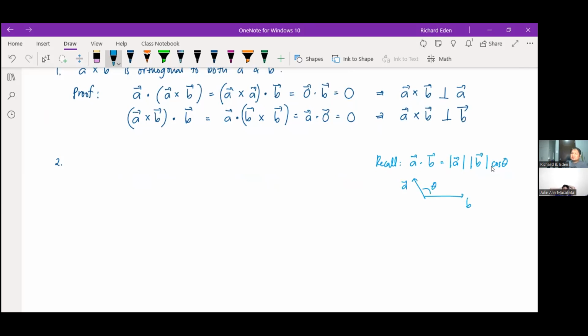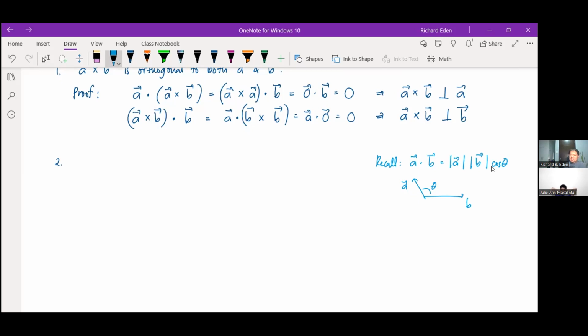Now, this is consistent with the fact that A dot B can be positive, 0, or negative, and on the right side, cosine theta can be positive, 0, or negative. In fact, this statement is the basis for the fact that A and B are orthogonal if and only if their dot product is 0.